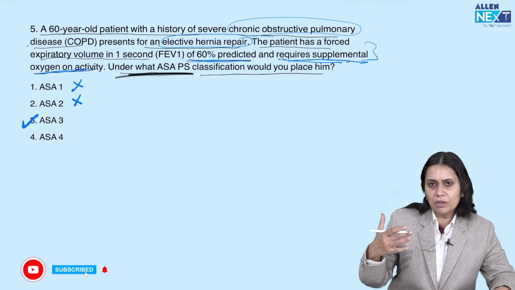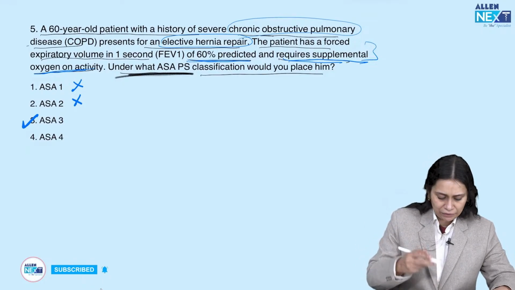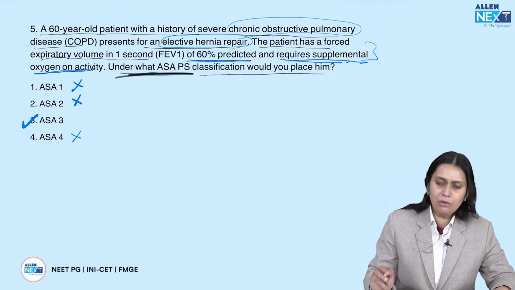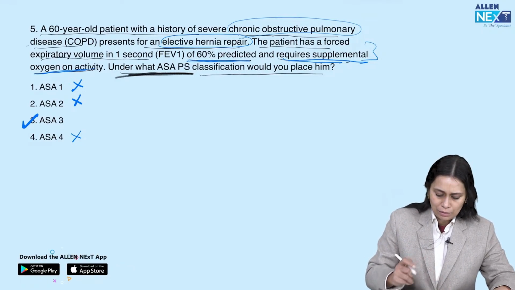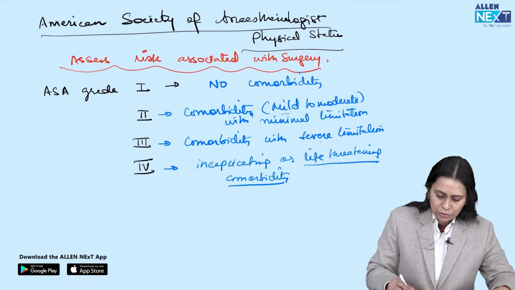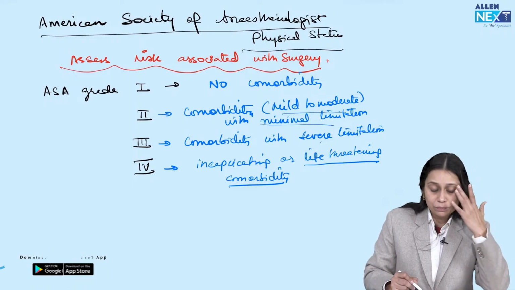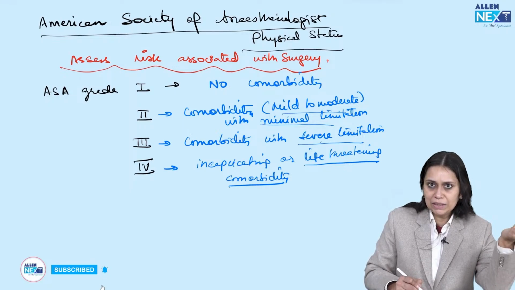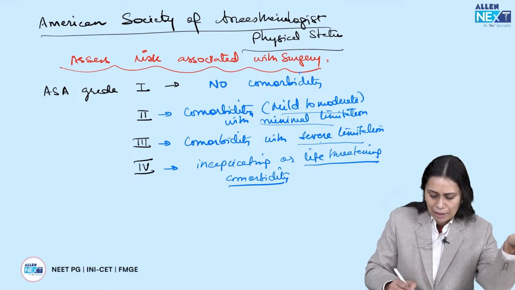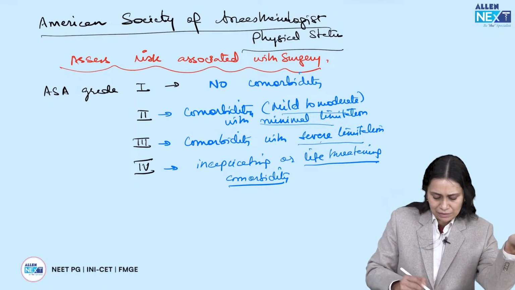He requires supplementary oxygen during activity. So ASA grade 4 also goes away. So it is ASA grade 3. Okay, so mild to moderate disease with minimal limitation is 2, right? Severe disease with severe limitation is 3, and incapacitating or life-threatening comorbidity is 4.